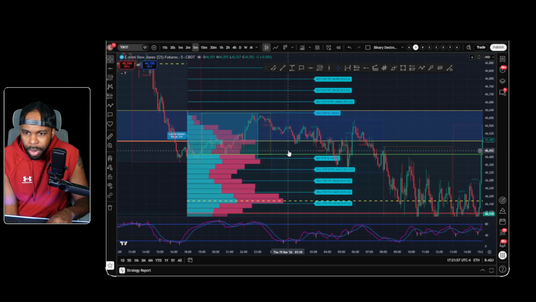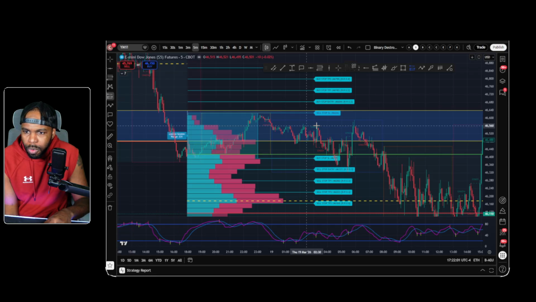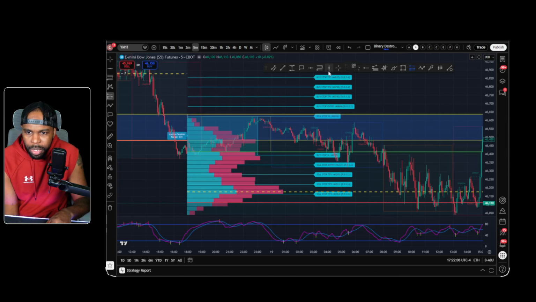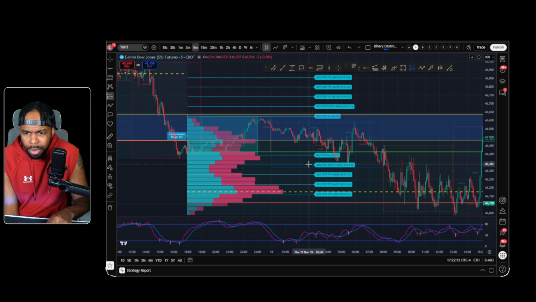In this case, I wouldn't take this pending order right here because the zone that I have here is not above these TPs. So I don't want to set up a buy pending order. I want to set up a sell pending order.